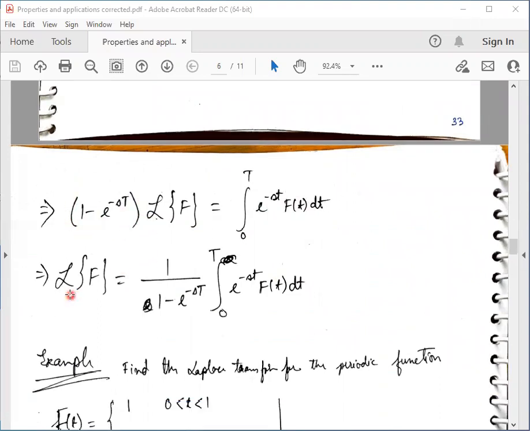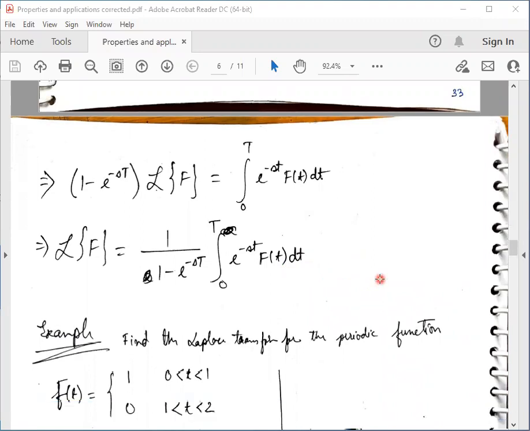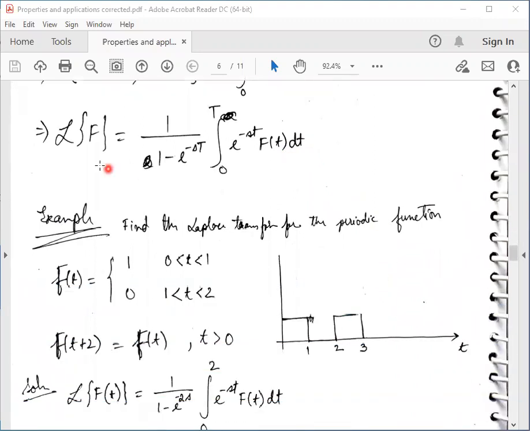Finally I get the Laplace transform of capital F is 1 divided by 1 minus e to the power minus sT, times the integration from 0 to T of e to the power minus st f of t dt. So this is what we have obtained. This is the Laplace transform of a function which is periodic with period capital T.